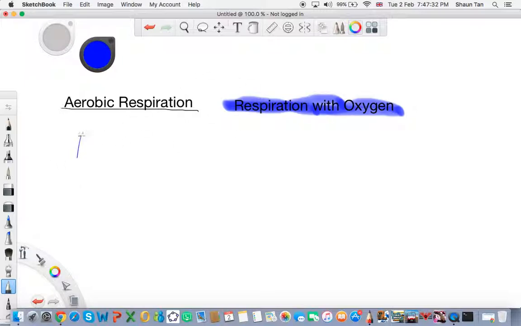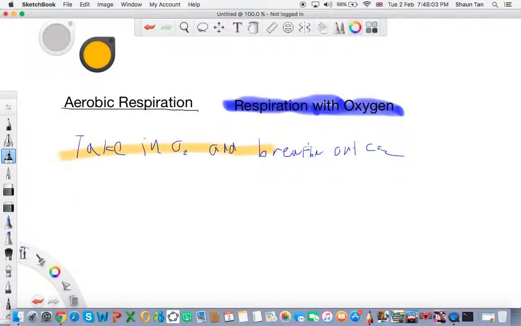You take in O2 and breathe out CO2, which is carbon dioxide. Another important bit that you have to remember for the upcoming test, so I'll highlight this bit as well. There we go.